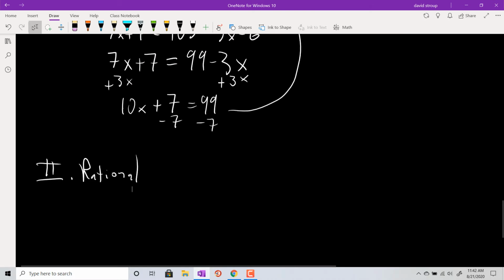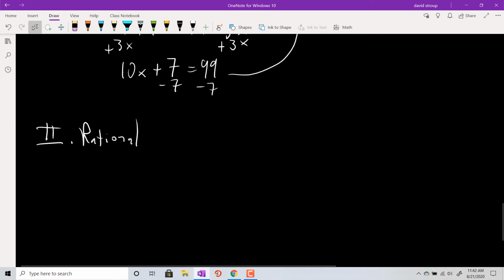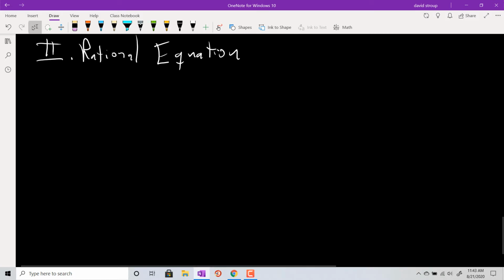Okay, so if instead of just numbers in the denominators you had variables, then it's going to be a different kind of problem. It'll be a rational equation. And with rational equations, you have to check your solutions. Before I was saying there's maybe not necessarily a reason to, but now you have to.